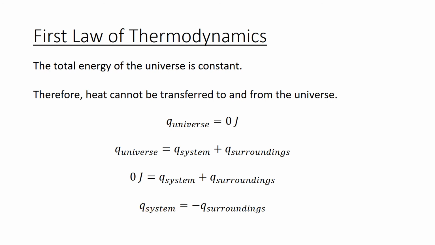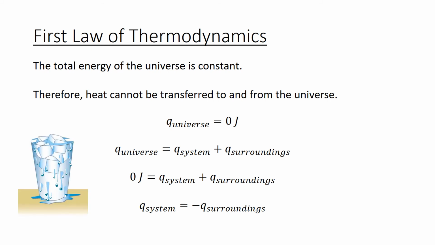So let's apply that to a couple examples and see if we can make sense of that in a real world perspective. So if I have a cup of water and I put ice cubes in that water, the ice is ultimately going to melt. Let's say I know that it takes 25 joules to melt all that ice.